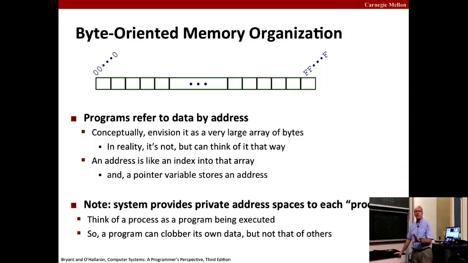And that's all handled, as I said, by the operating system and the computer hardware, and it's largely invisible even to the machine level programmer, even people writing assembly code.